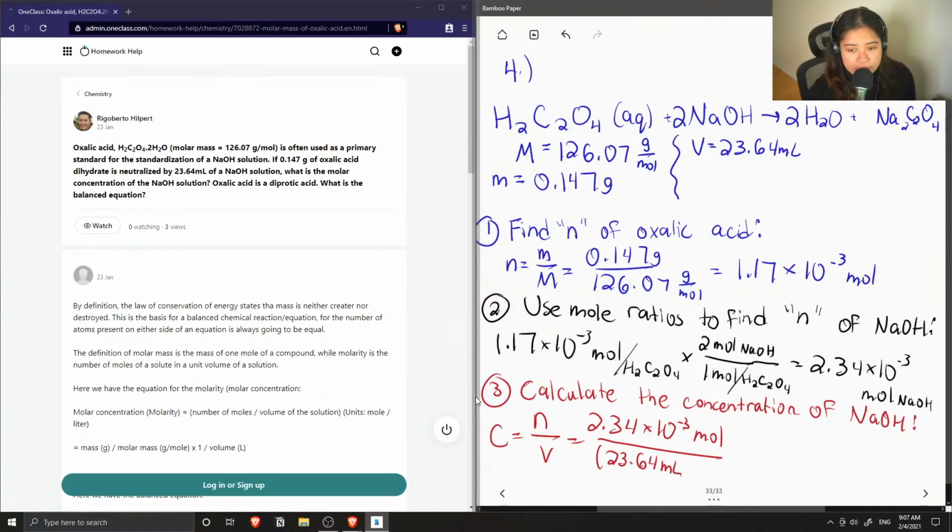But since the units for concentration are in moles per liter, we can convert this to liters by dividing by 1,000. So this is because there are 1,000 milliliters in 1 liter. Okay, so we get a final concentration equal to around 0.098 moles per liter.